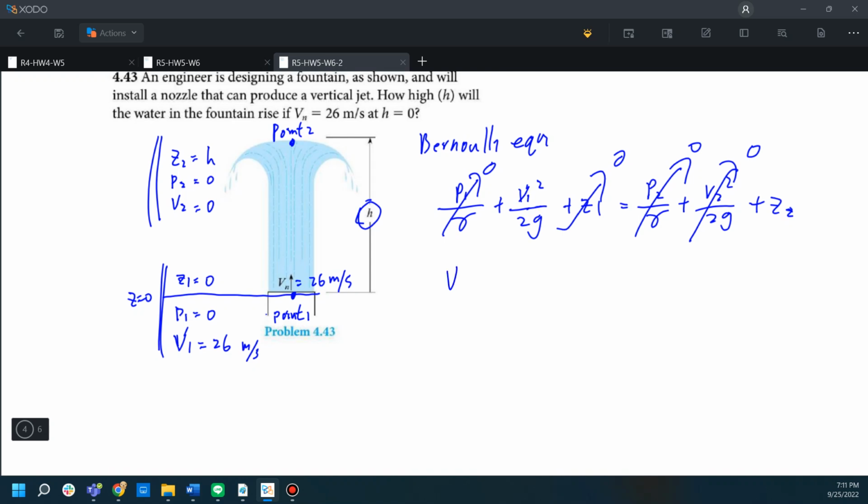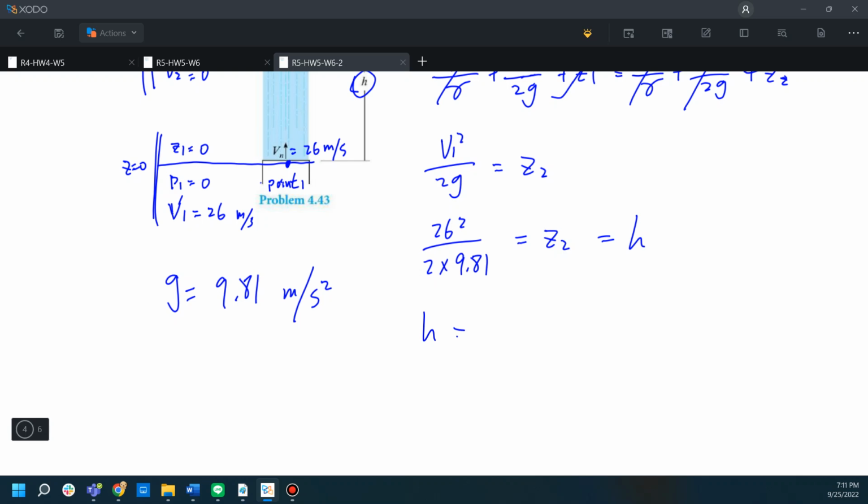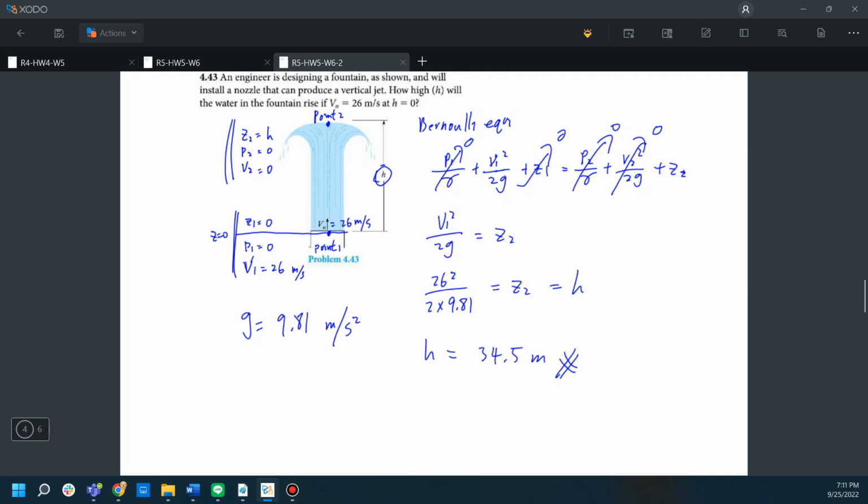So the simplified equation is v1 squared divided by 2g is equal to z2. Plug in the numbers: v1 is 26, squared, divided by 2g, g is 9.81 meters per second squared. So that is equal to z2, which is equal to h. This gives us that h is equal to 34.5 meters.